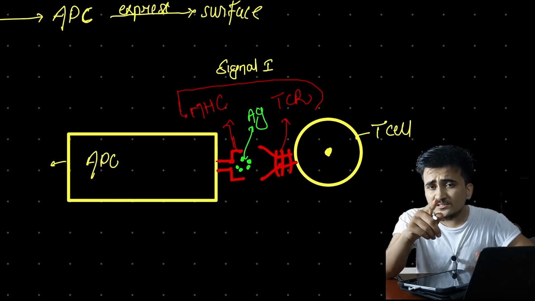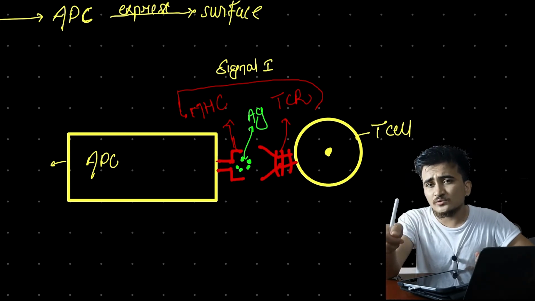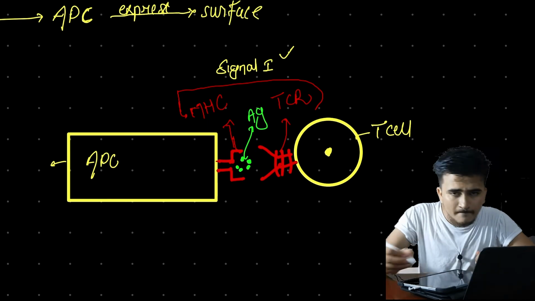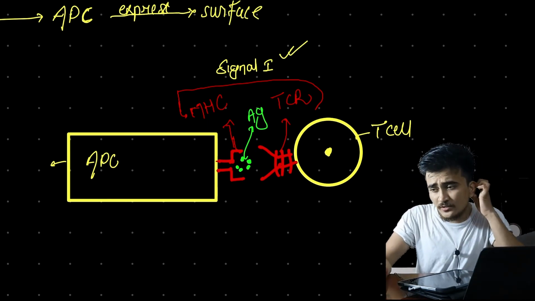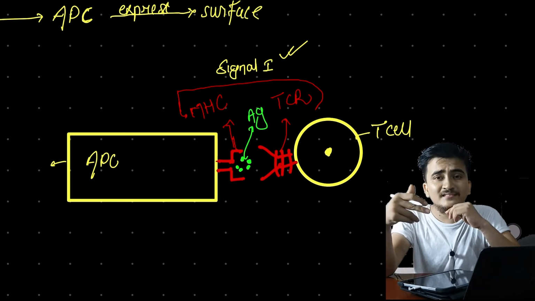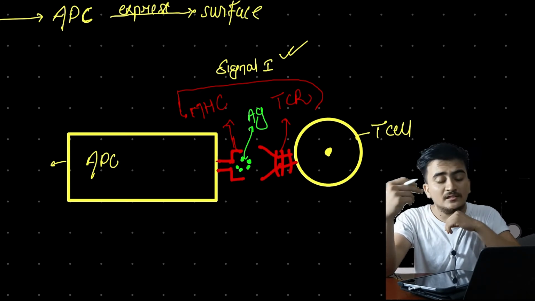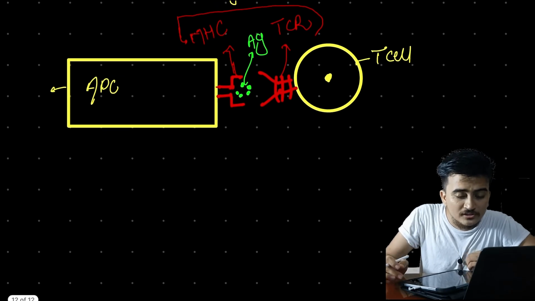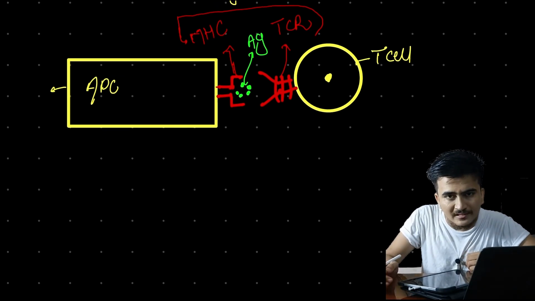That means the process of putting the key into the motorcycle is signal 1, and the next step, when we press self start or kick the bike, is the next signal, and that signal is the co-stimulatory signal. That means both signals are important for the activation of T cells.